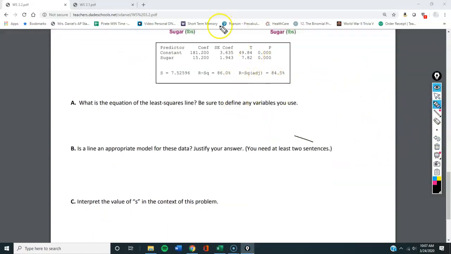So what's the equation of the least squares line? The constant coefficient is going to be your y-intercept. Okay? So that's going to be the 181.2, plus your slope, which is going to be the coefficient of whatever your variable is, whatever you're looking at. So it's 15 times sugar, or x.